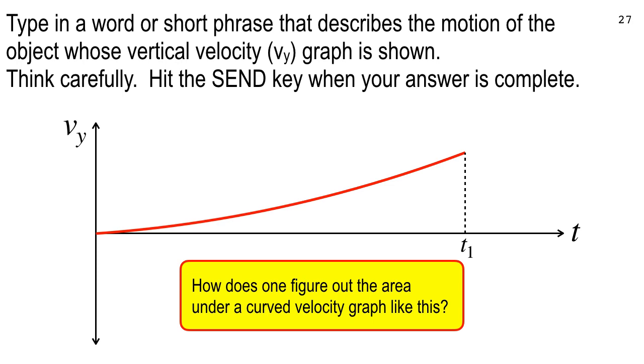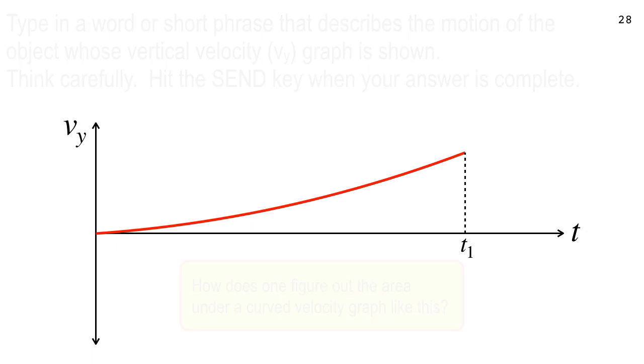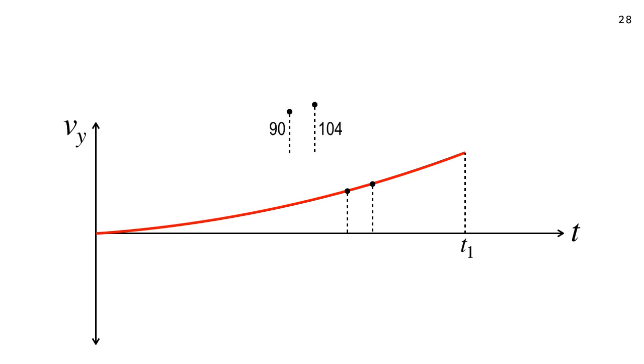All right, so let me pause. You go to your graph and you take a little slice of it like this. Draw in a couple little lines, like what I have, right over here. Those two lines, mine are 90 and 104 pixels high. I measured it real carefully.